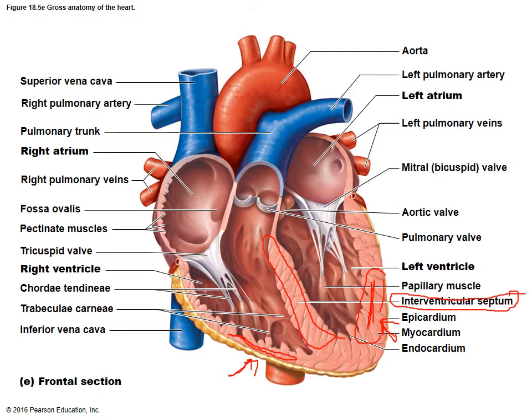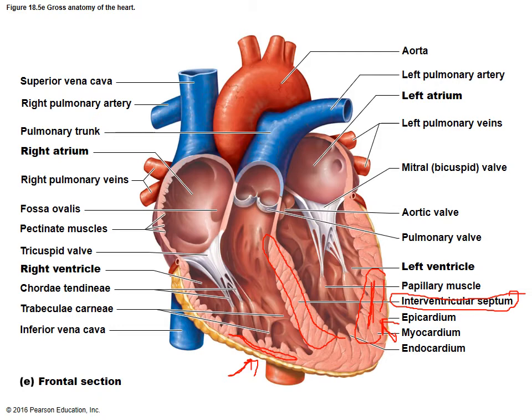Just like when you go to the gym, when you start pumping iron and you work those muscles, the muscles will have hypertrophy, meaning that they will start enlarging and becoming bigger. So the left side of the heart, its myocardium, is always going to be thicker than the right side of the heart. Now, I know some of you might be saying, well, why don't I just look at the apex?